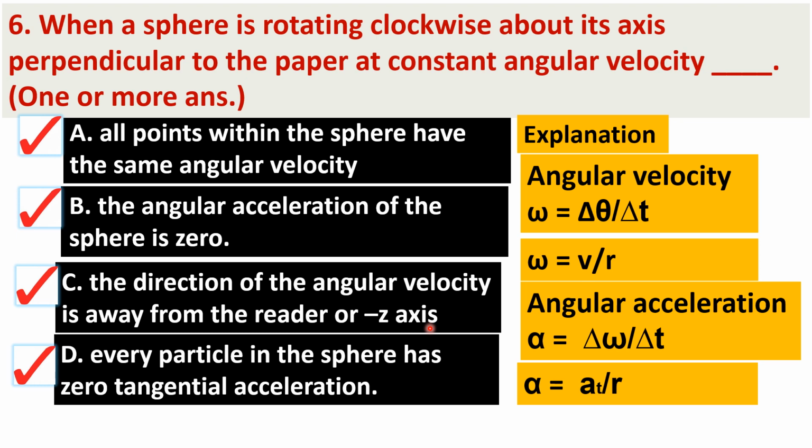Now, is it directed into the paper or away from the paper? That is what we would like to clarify, because in letter C, the direction of the angular velocity is away from the reader. You are the reader, right? Is it really away from the reader? Which also means into the negative z-axis.